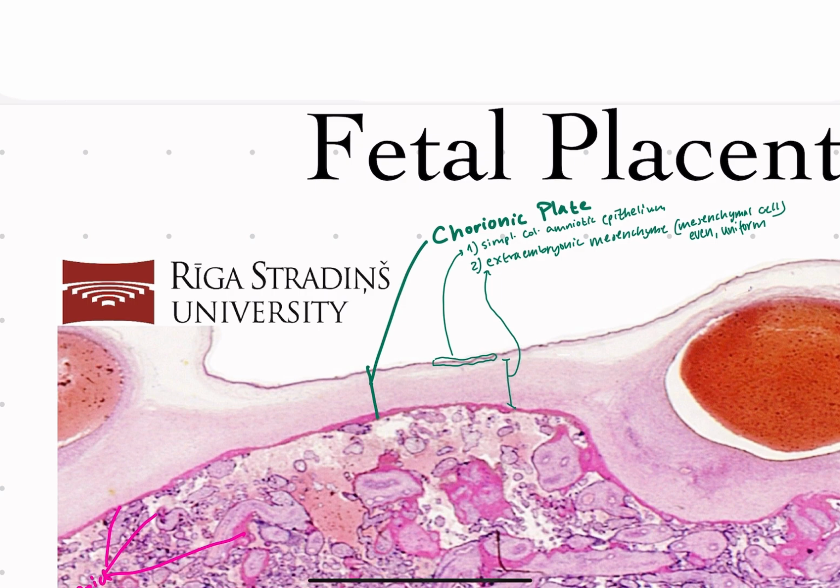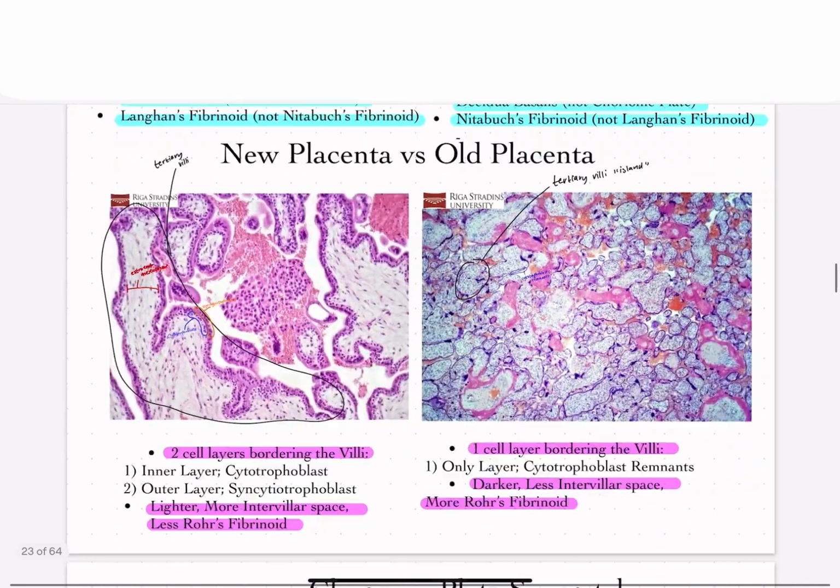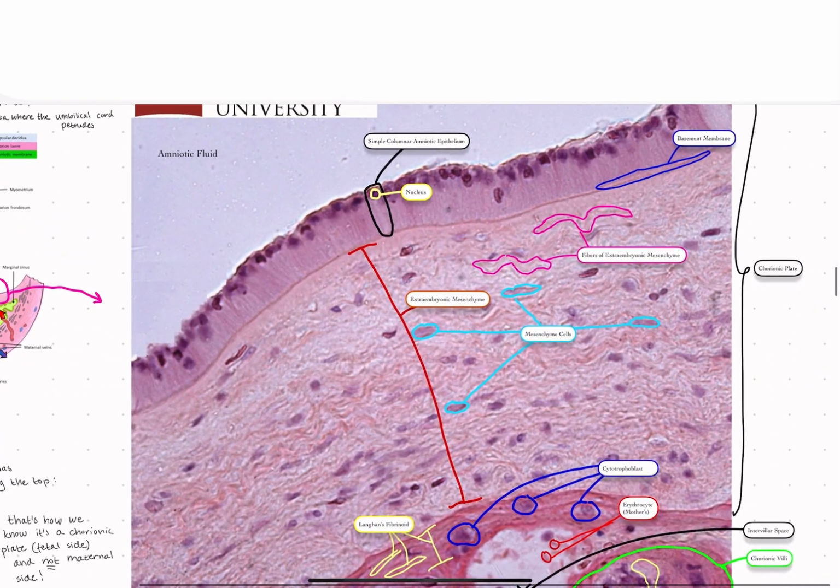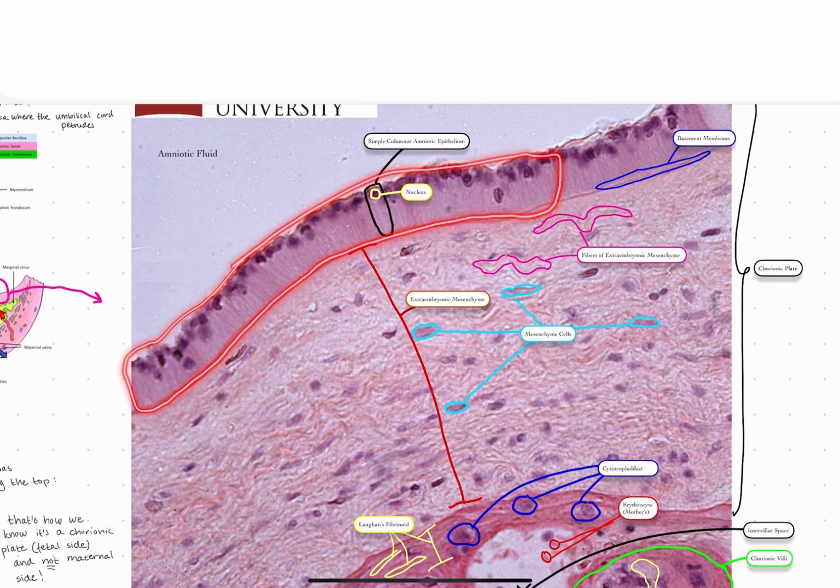It's very dark. However, if we zoom into this section, for example, we'll have something looking like this, and then the simple columnar amniotic epithelium will look something like this instead.